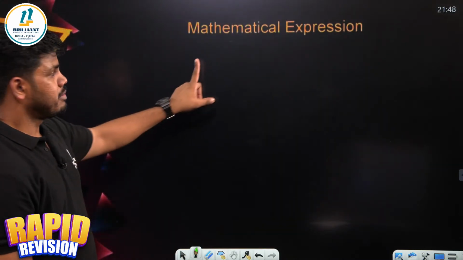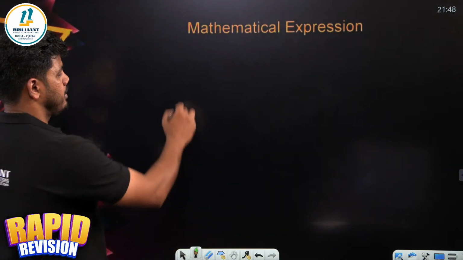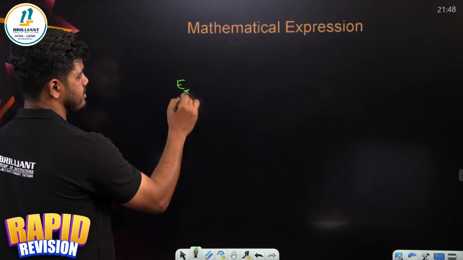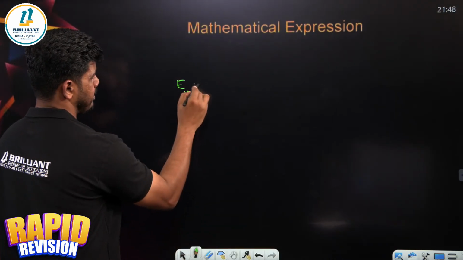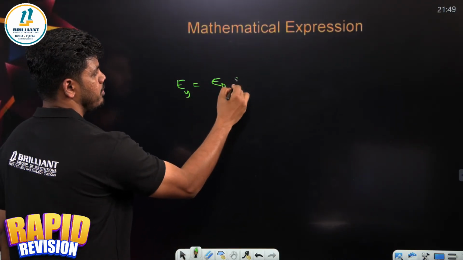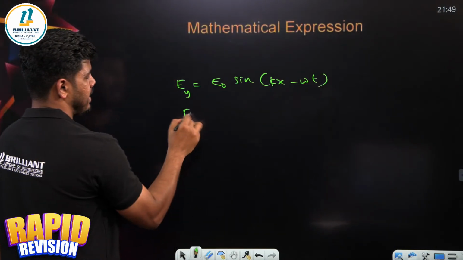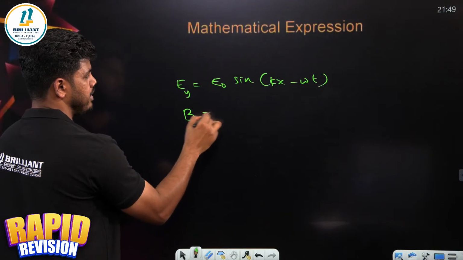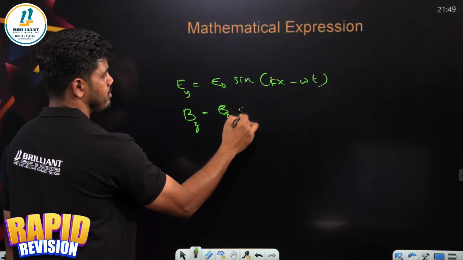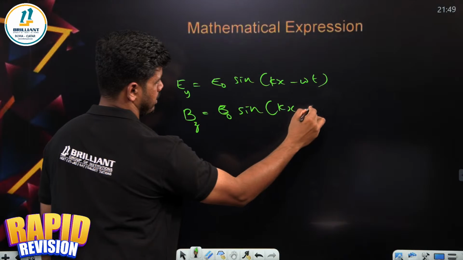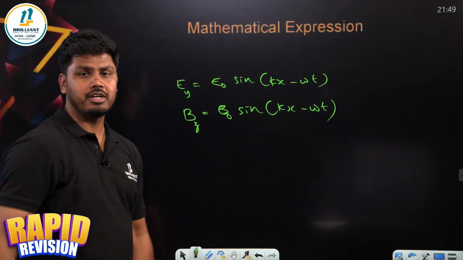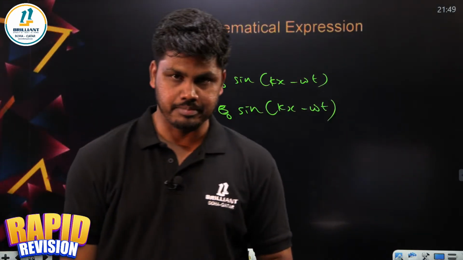Then the second thing, the mathematical expressions. Electric field Ex or Ey can be represented as E0 sin(kx minus omega t), and the same wave will have a magnetic field Bz equal to B0 sin(kx minus omega t). These mathematical representations are important, we get numerical questions based on that.